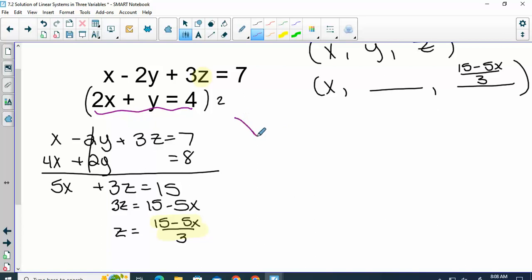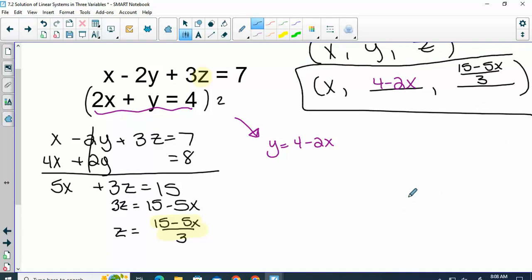So if I want y by itself, we would subtract the 2x. So y is 4 minus 2x. And that is our solution. So whatever variable I tell you to keep it in terms of, that's the only one you can have. All the others have to go away.